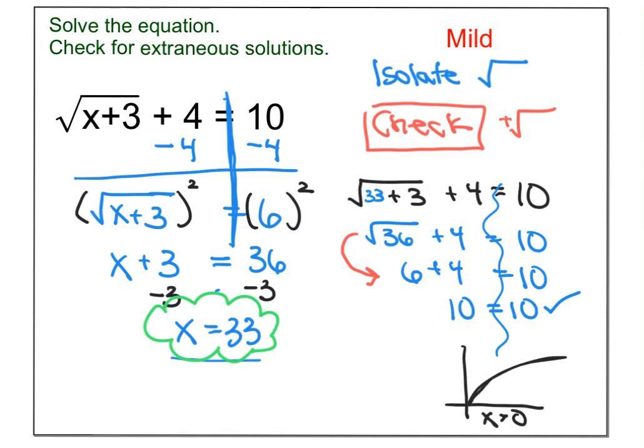Our domain was restricted to positive x values. So that's why when we're checking, we only take the positive root. Right here, we didn't write plus or minus 6, we just wrote plus 6.